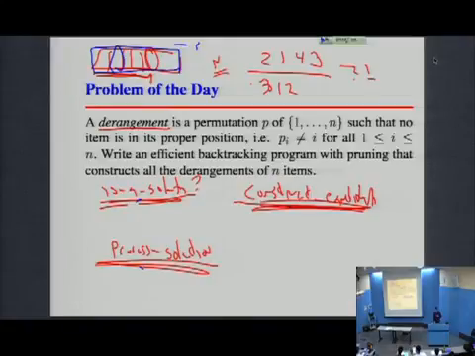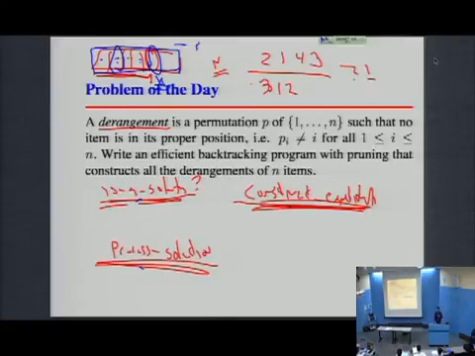So position 1 should be everything except for 1. In general, what about position k? Everything except for k? Is that what all the candidates are for this position? Well, we also want to make sure it's a permutation, so you want to exclude the elements that are actually used here.